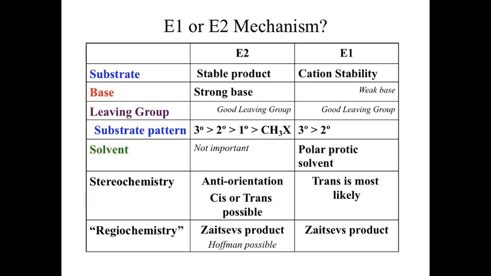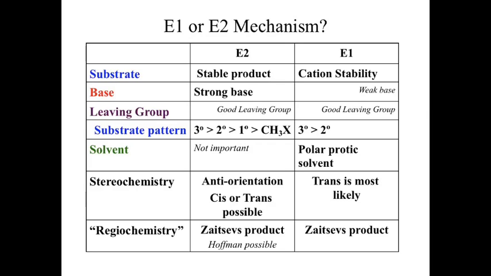We get a slightly different phrasing when we look at the substrate for your E1 because we're really looking at the cation. As far as the strength of the base, we want a strong base in the E2, and we don't really care in the E1, which by definition means it's going to have to be a weak base. Good leaving group, as always.